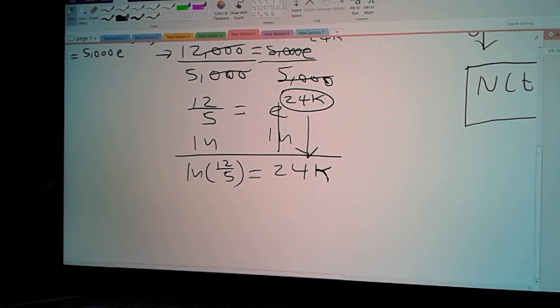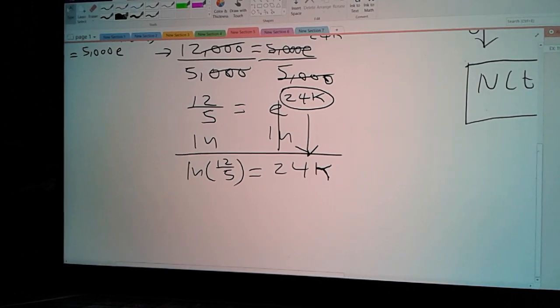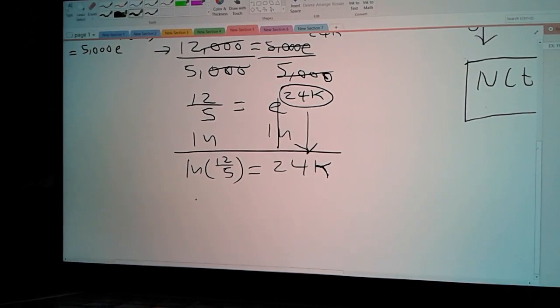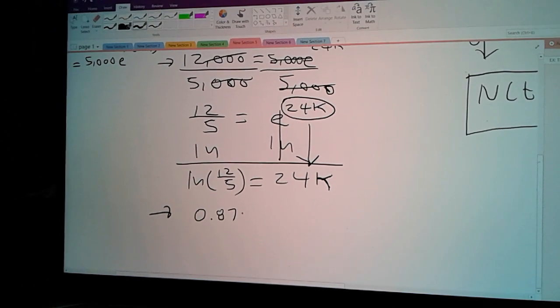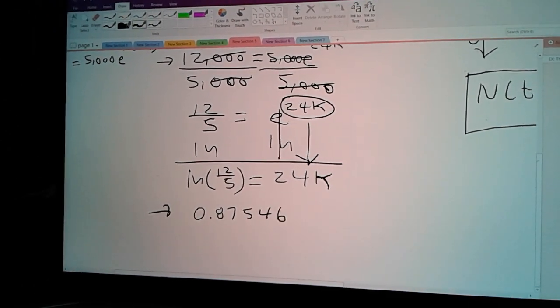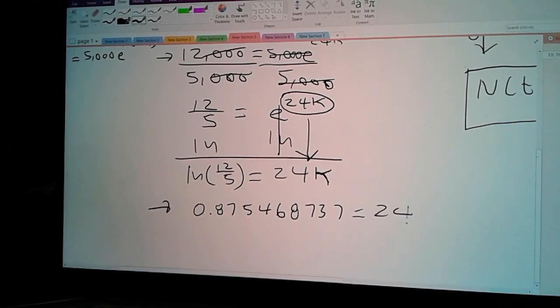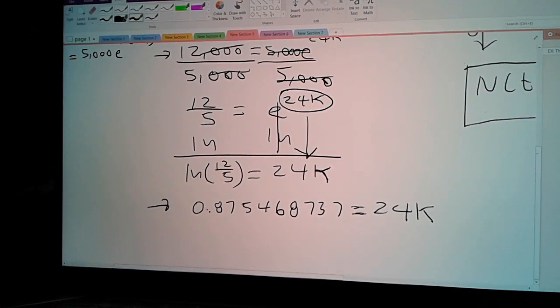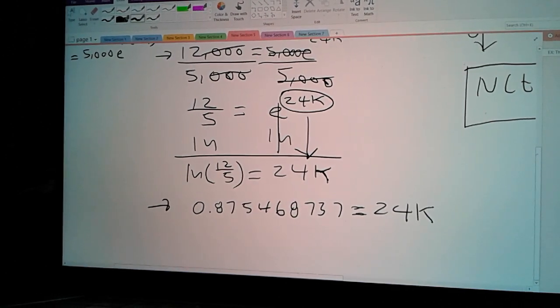So if I take ln of 12 over 5 on my calculator, it's going to give me a decimal number. So ln of 12 over 5 is 0.875468737.